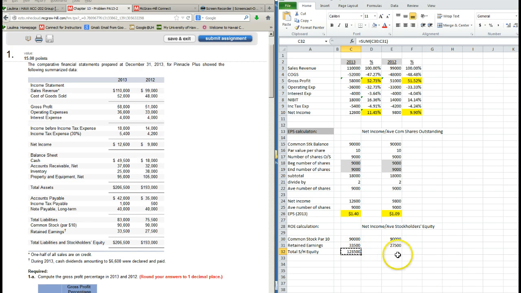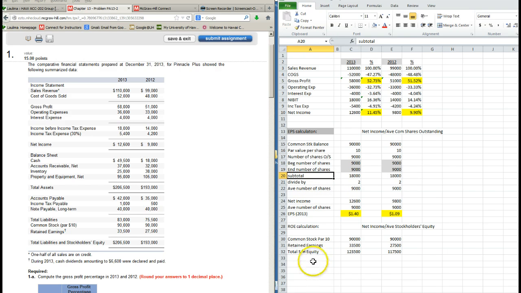And we can copy this formula over. Now we have the components we need. Well, we don't have all the components. We need one more component. Just as we did it up here, beginning plus ending subtotal, divide by 2 to get average.